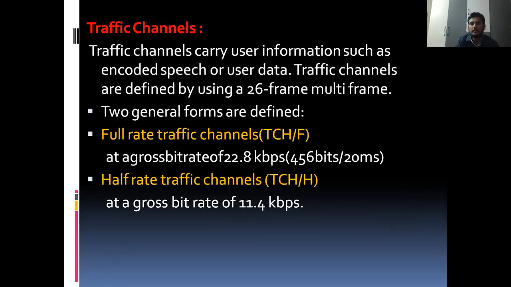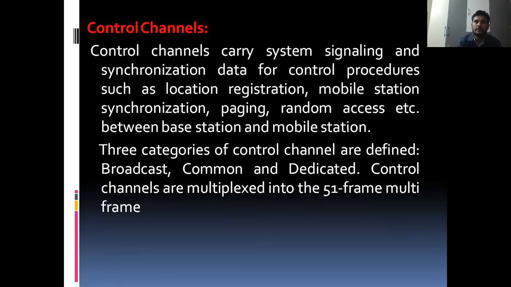In the full rate traffic channel, the speed is 22.8 kbps. In the half rate traffic channel, the data transmission speed is 11.4 kbps. Coming to the control channels, data for control procedures such as location registration, mobile station synchronization, paging, and random access are carried.